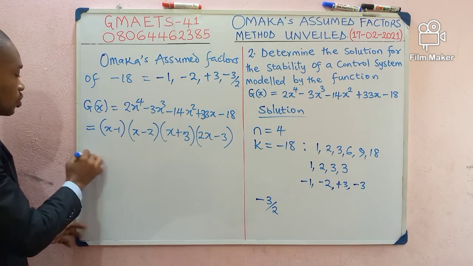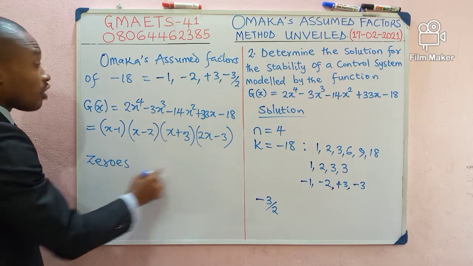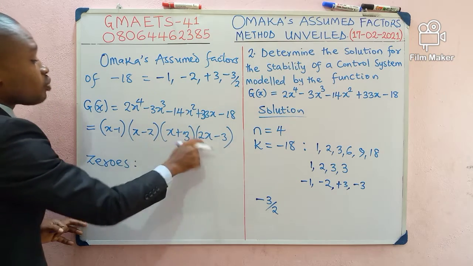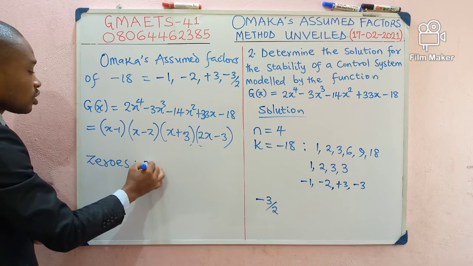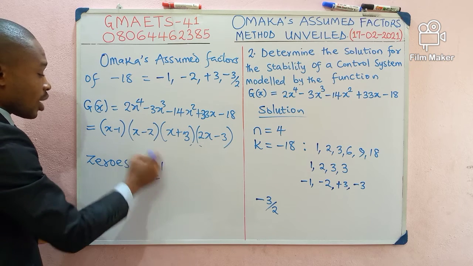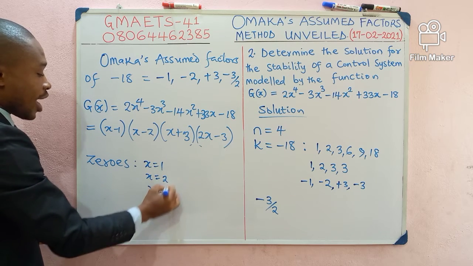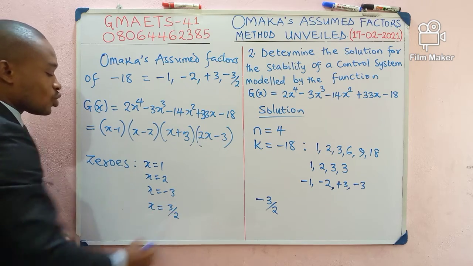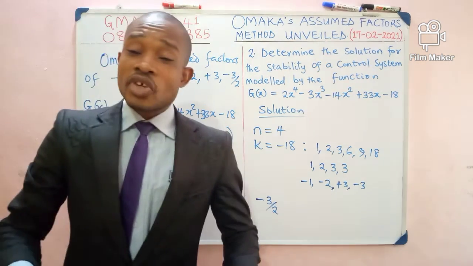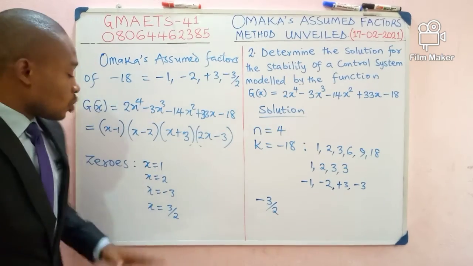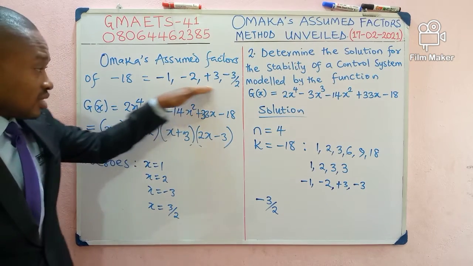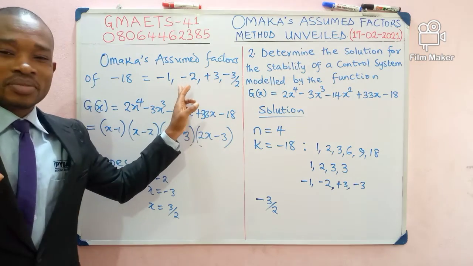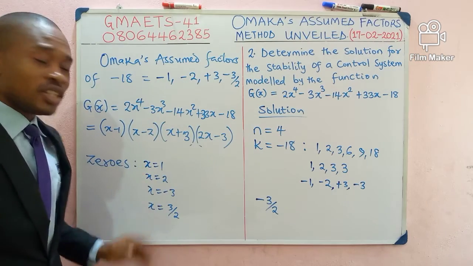And of course, to get the roots or the zeros or the solution of this system, we are going to equate each of these brackets to 0 and solve for x. So the first one is going to be x equal to 1, the second one x equal to 2, the third one x equal to minus 3, the fourth one is going to be x equal to 3 over 2. And that's that. In fact, to obtain the zeros quickly from these, all we need to do is to simply change the signs of what we have here. Okay, that is a fast trick of obtaining the zeros.